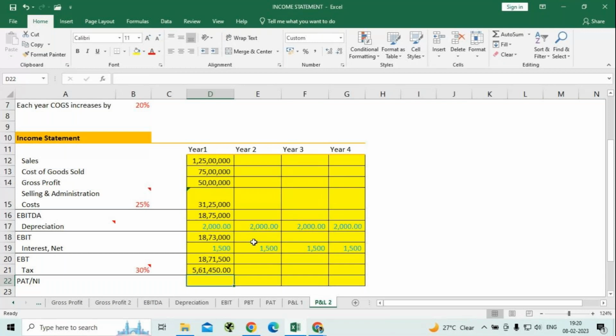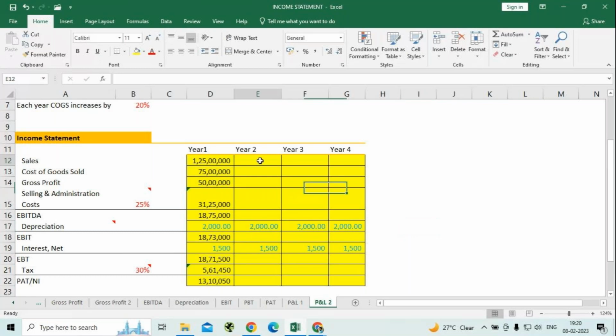And finally the net income is EBT minus the tax amount. So that is 13 lakhs 10,000. Okay, so we found out for year one.